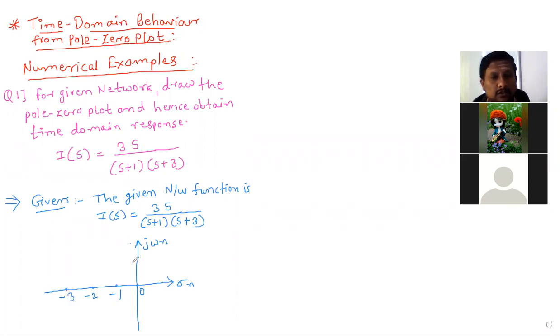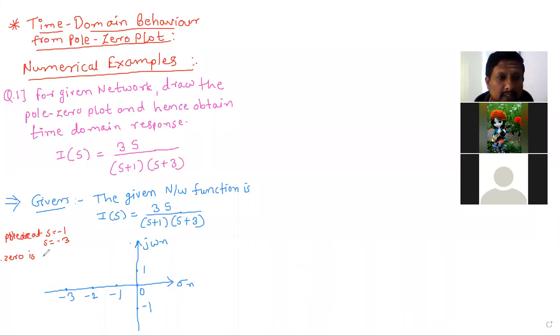Okay. So at what locations are the poles and zeros plotted? Anyone? Yes. So the poles are at s is equal to -1 and s is equal to -3, because there are 2 poles.